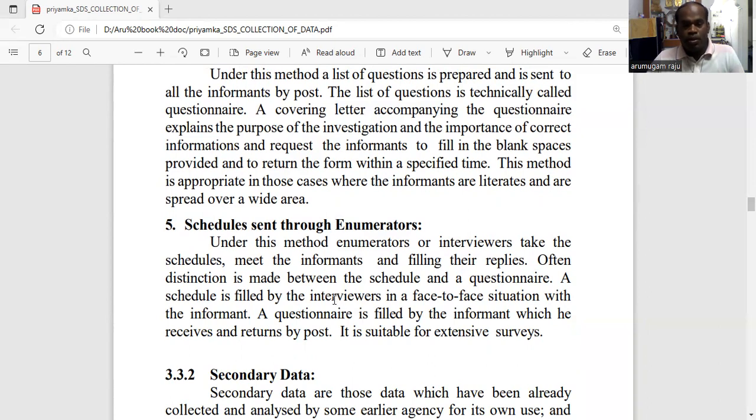A schedule is filled by the interviewer in a face-to-face situation with an informant. A questionnaire is filled by the informant who receives it and returns it by post. So it is suitable for extensive surveys.